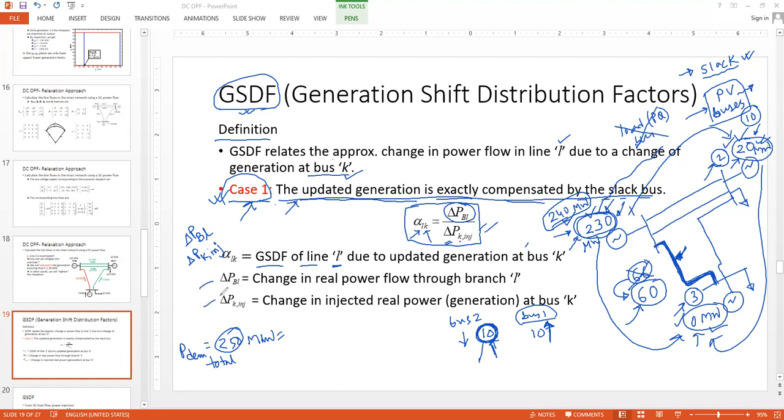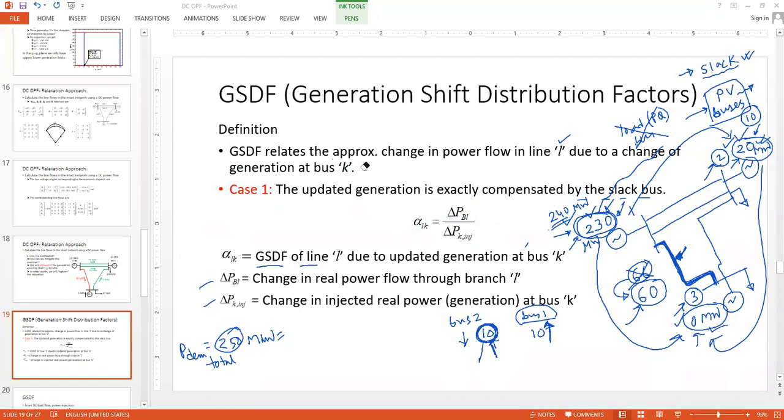And these are the explanations I have already mentioned. Now that we have the definition of alpha LK, to find out what it actually is, we have to know what our del PBL is and what our del PK injection is.